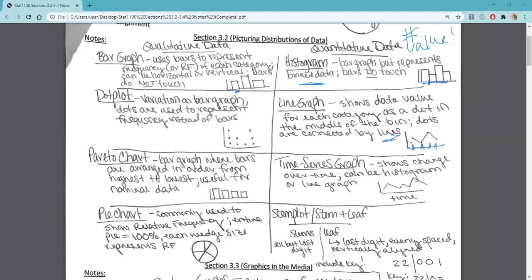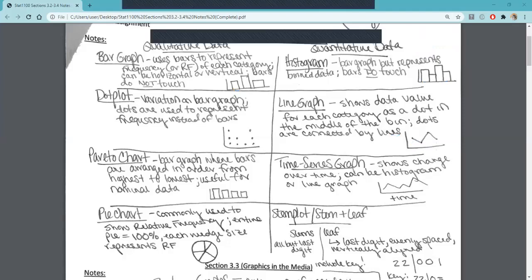Please make sure that we do lines here and not curves. It is very, very important that we specify which one we're doing. As we move on, we do more with curves. So here for a line graph, it does have to be lines that are being formed, straight lines connecting those dots. Let me clear this screen.